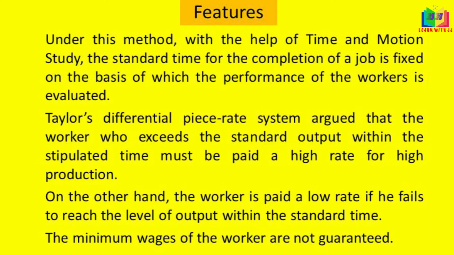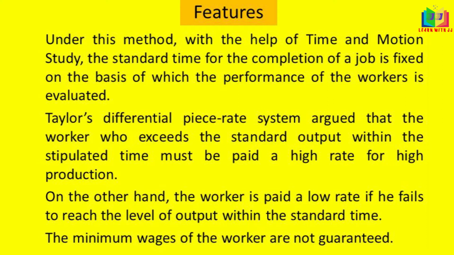Next, Taylor's differential piece rate system argued that the worker who exceeds the standard output within the stipulated time must be paid a high rate for high production. Under this system, Taylor argued that workers who produce above the standard output, or who produce the standard output, will be paid higher wages.